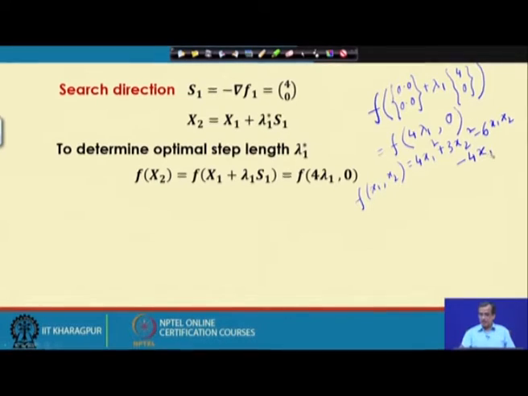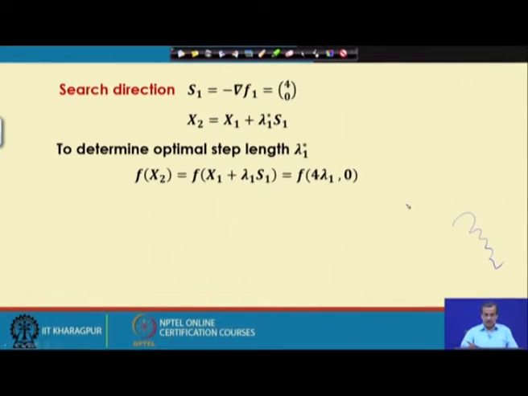If I substitute x 1 as 4 lambda 1 and small x 2 as 0, I will get an expression for f x 2, which is 64 lambda 1 square minus 16 lambda 1.